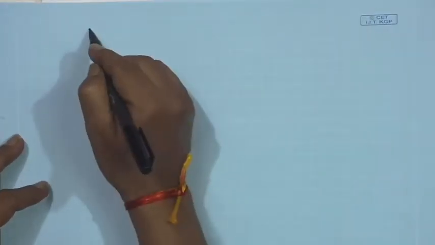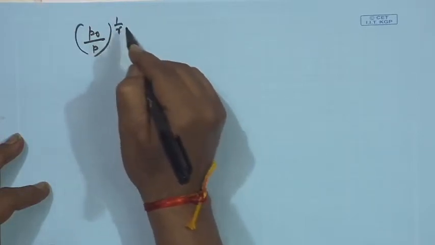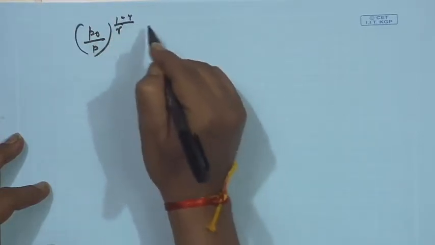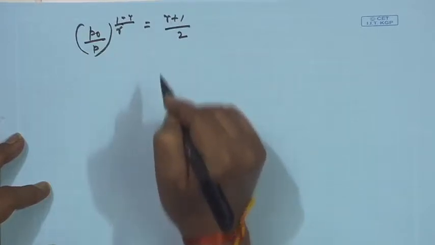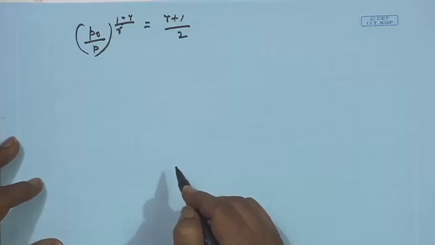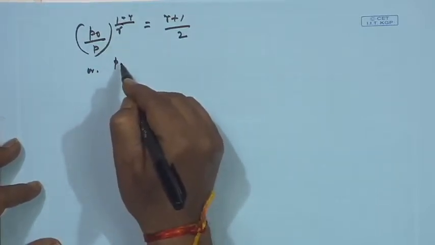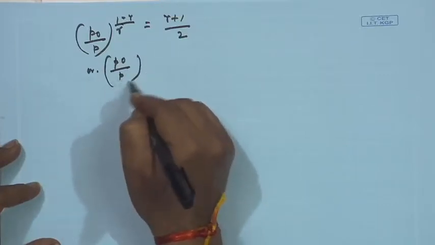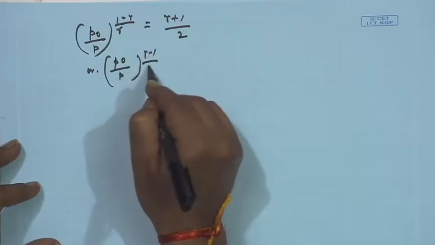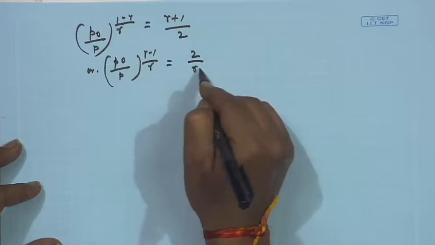So we can rewrite that P0 over P to the power 1 minus gamma by gamma is equal to gamma plus 1 by 2, or we can write P0 by P to the power gamma minus 1 by gamma is equal to 2 by gamma plus 1.